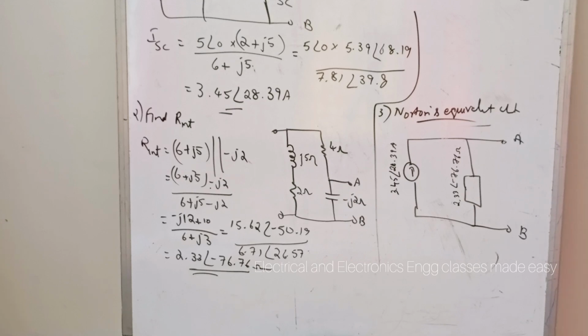In this way we are applying the Norton's theorem. First step is to find ISC, that is the short circuit current, then find the Norton's equivalent resistance, then draw the Norton's equivalent circuit diagram with ISC in parallel with the internal resistance. So this is about the Norton's theorem.